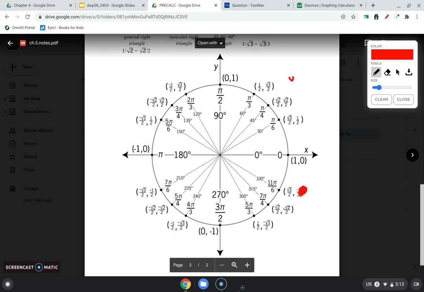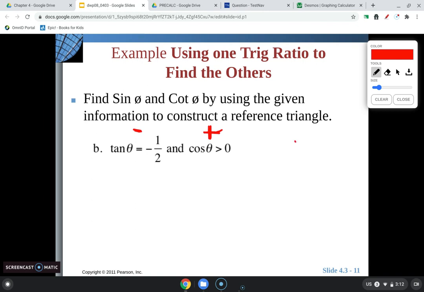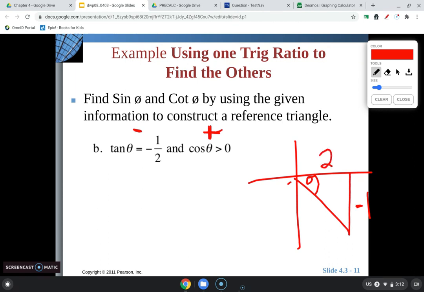Okay? So we're going to draw a reference triangle. We're in the 4th quadrant. There's our theta. We always go with the horizontal. Okay? Tangent is opposite over adjacent. This would have to be negative because it's going down. All right, so we need to find our hypotenuse.